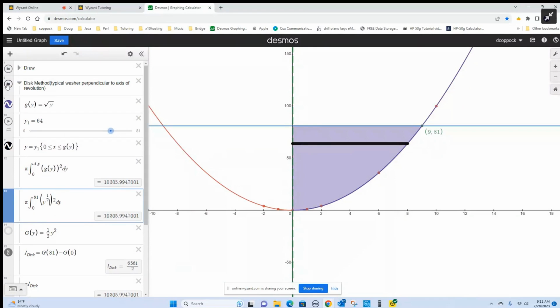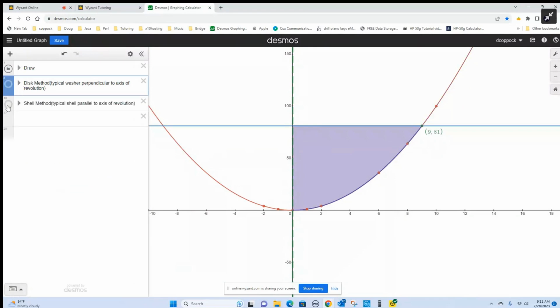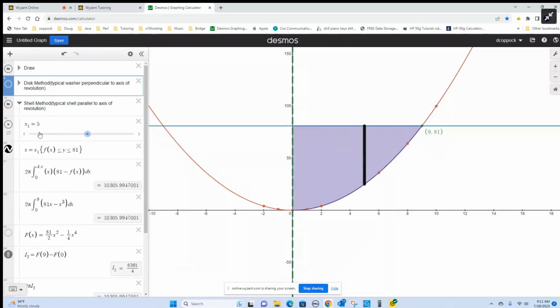Okay, now just to convince you that this can also be done by the shell method, in this case, your typical shells are parallel to the axis of revolution. And you can picture another part of the shell over here and revolving that around.